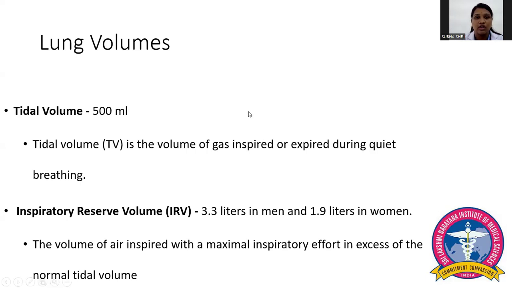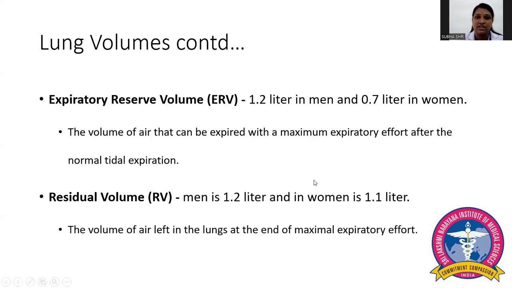The third volume is expiratory reserve volume. Same as inspiratory, but here it is the amount of air expired. That is after a tidal expiration. At the end of tidal expiration, the amount of air that is expired in excess. Shall I explain it in another way?